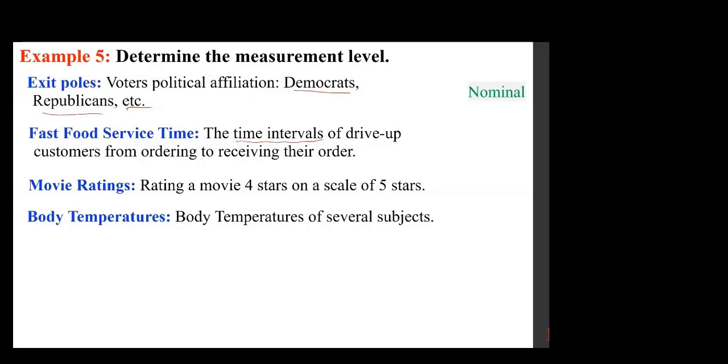Ratio. Perfect. Then we are looking at rating a movie. Good, bad, I don't know, 4 stars, 2 stars. Interval? More than enough. Okay, it's just small, medium, large. So that's the same. And we've already discussed the temperature. It's an interval.